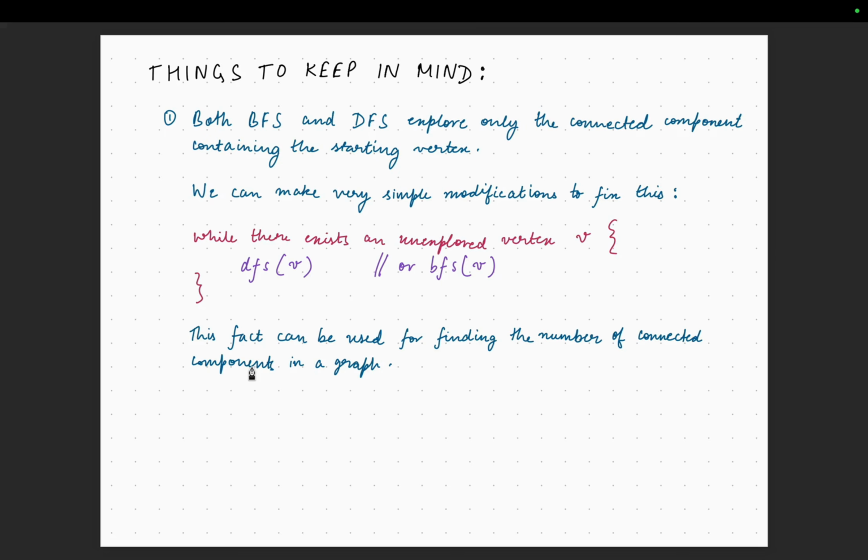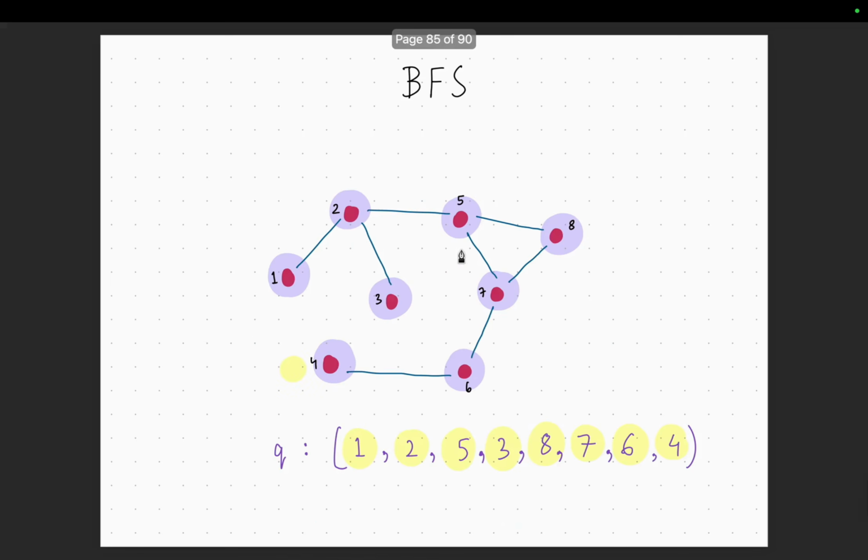But the idea is that in BFS, you visit each vertex only once, and then from that vertex, you visit each edge corresponding to that vertex, and each edge has only 2 vertices corresponding to it.